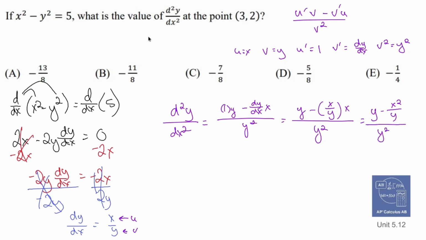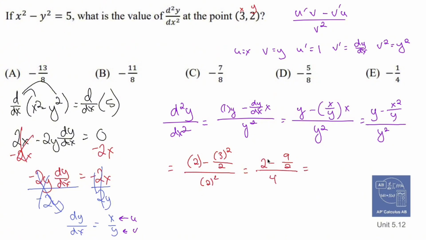Now I have this point (3, 2). You're an x, you're a y. So using that point, I can replace every y with 2 and every x with 3, so y minus 3 squared over y, which is 2, all over y squared, which is 2 squared. So we get 2 minus 9 over 2 over 4.